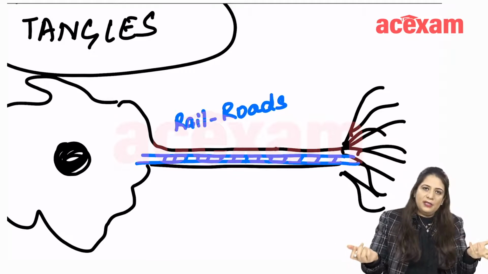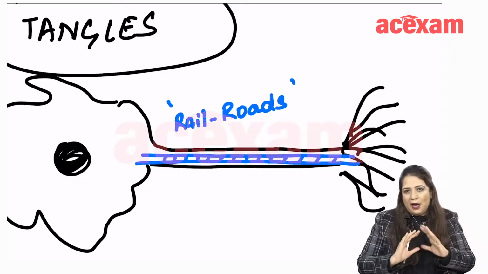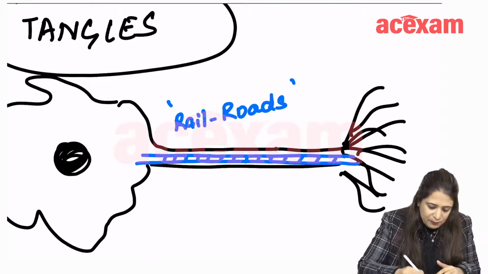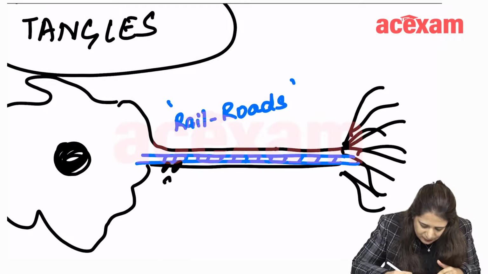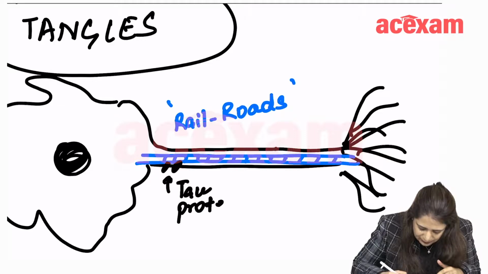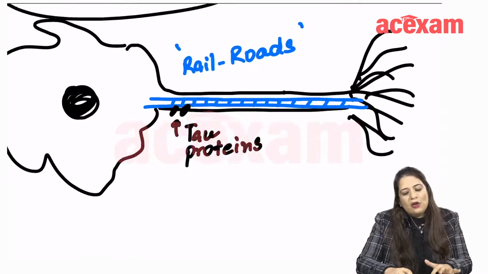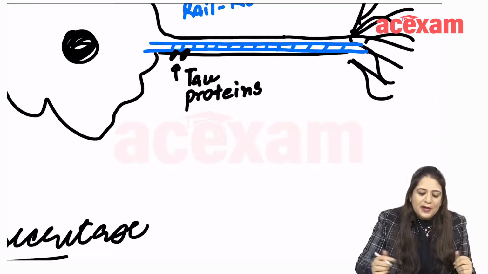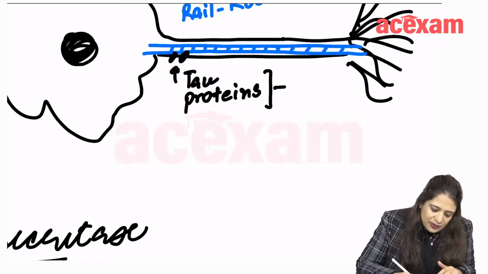They take part in communication. So these microtubules are like railroads, and these railroads are actually supported by tau proteins, right, in normal healthy individuals. What happens in Alzheimer's? These tau proteins are not being produced normally, and because of that, they tend to accumulate.